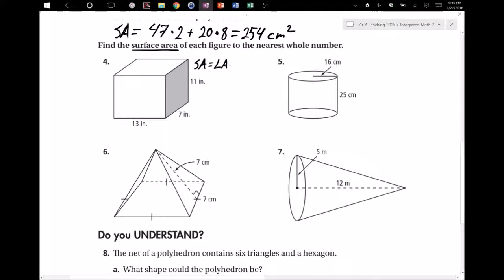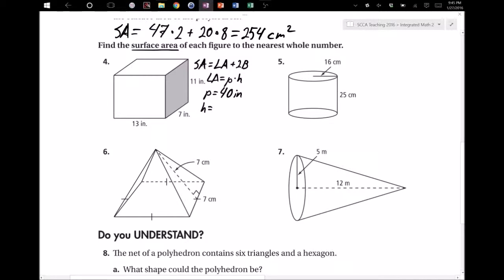It's lateral area plus the 2 bases. Lateral area is equal to perimeter times height. And what's our perimeter? It's 13 plus 7 is 20. Then on the other side, it's going to be 13 more and then 7 more. So that's another 20. So our perimeter is 40 inches.